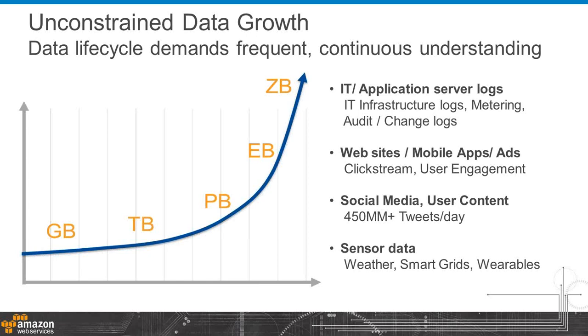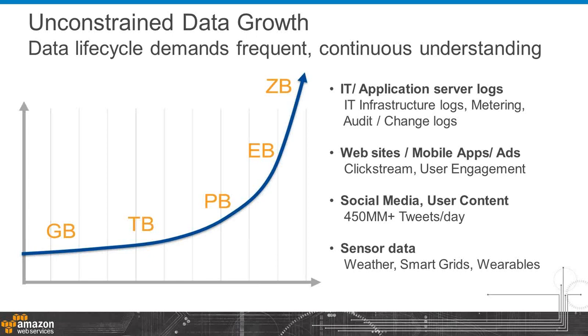Then there are examples of data sources that are continuing to grow, where data is being produced continuously in an infinite form, and in many cases by machines themselves. Examples of these categories include social media data and sensor data that is emanating from a wide variety of sensors, ranging from the weather grid down to our wearables.